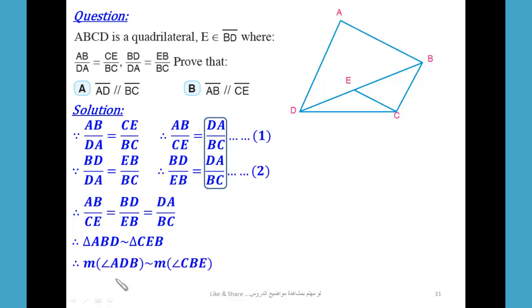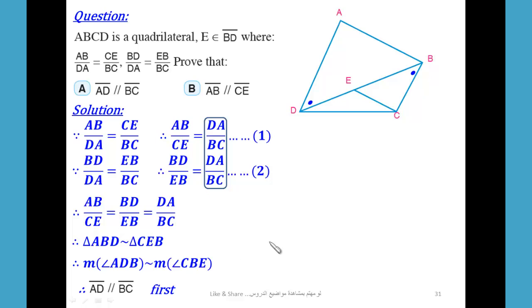The measure of angle ADB equals the measure of angle CBE, and they are in alternate position. So you can say AD is parallel to BC, and this is the first required.